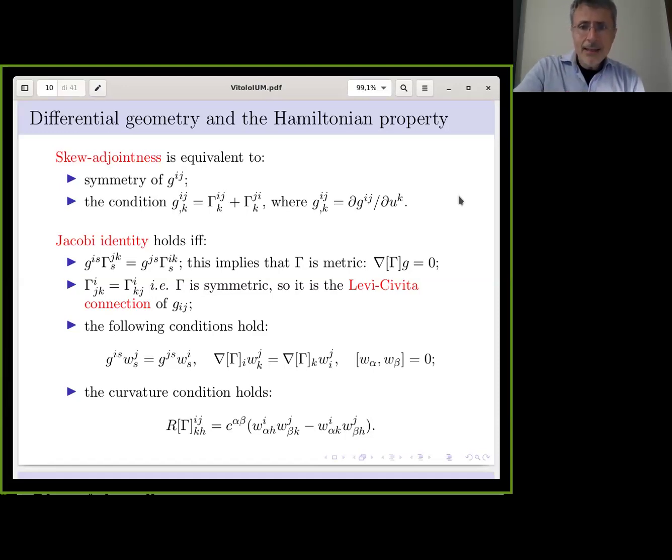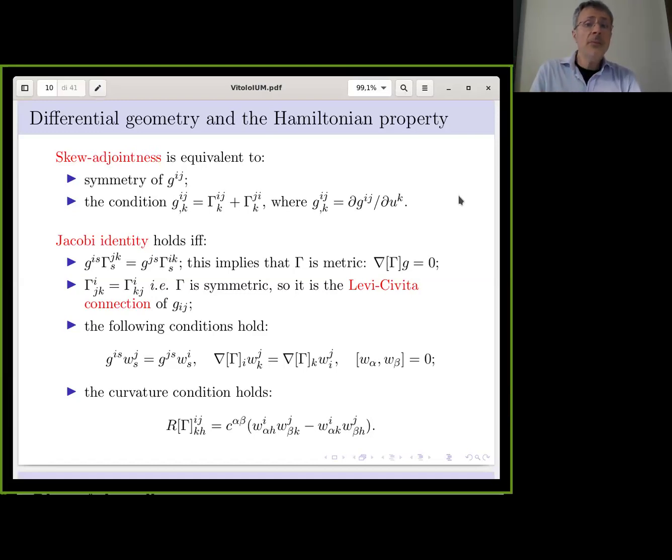The connection gamma, which is embedded into the operator, is metric with respect to the metric G. But then the Jacobi identity also implies the symmetry of this connection, and this means that gamma is really the Levi-Civita connection of G, so it's uniquely determined. So the whole first order operator is determined by G.